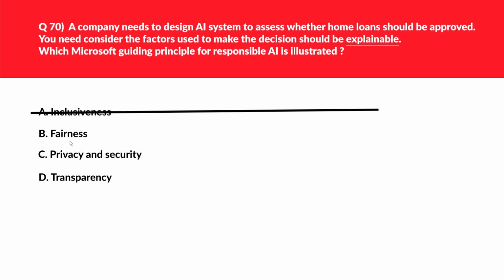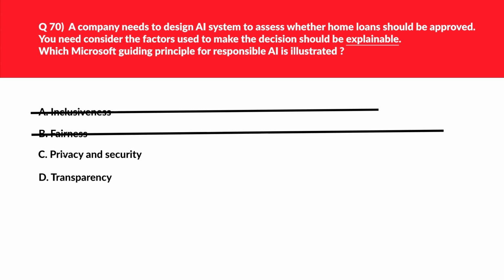As per the scenario asked in the question, there is no requirement for treating all people fairly because it is a matter of home loans, right? We need to design a system which can assess whether a home loan should be approved. There is no reason for treating people fairly, so the principle of fairness doesn't come into picture.